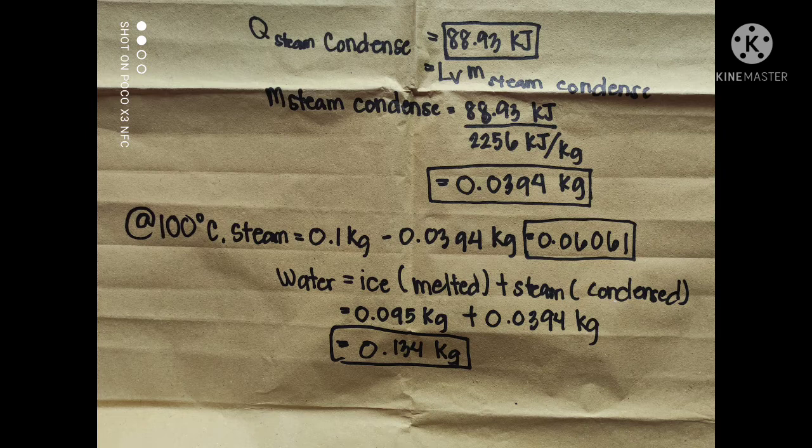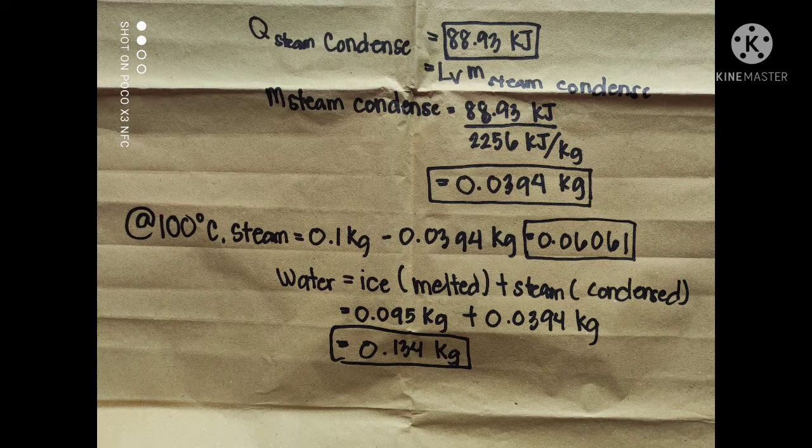So what's left is at 100 degrees Celsius. We have a combination of steam and water. We start with 0.1 kilogram of steam. If 0.0394 kilogram condensed, it equals 0.0606 kilogram. This is still in the steam state. Next, we also have the water. Where does the water come from?